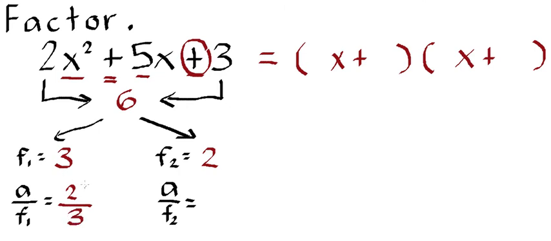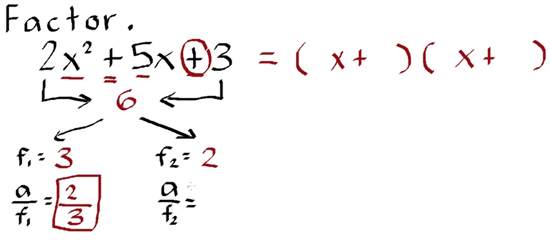Ang fraction ba na 2 over 3 ay masisimplify o malo-lowest term pa ba? Hindi na. So, this will be the final value or fraction na gagamitin natin mamaya. Next, A over F sub 2.